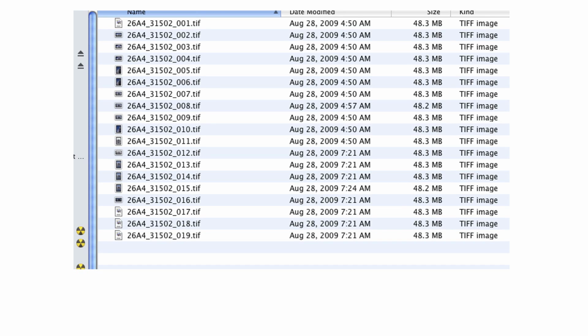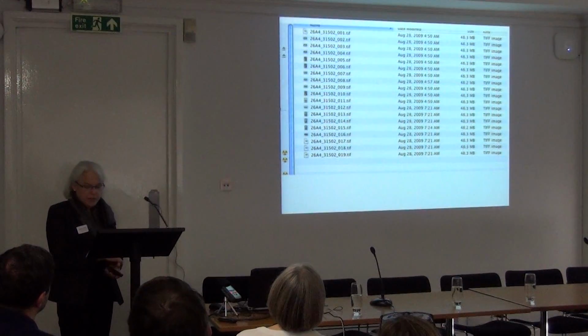The second element is a link to the database with its rich metadata, the _31502. And the third element is either a sequential number, as you see here, or an original meaningful designation provided by the record's creator. Using this system, digital objects can be instantly recognized and tied to their source and subject.